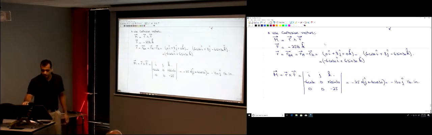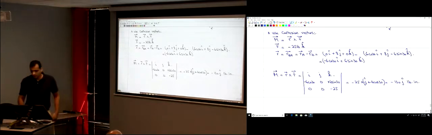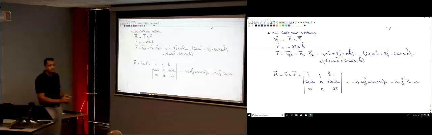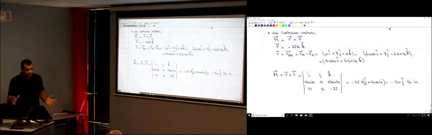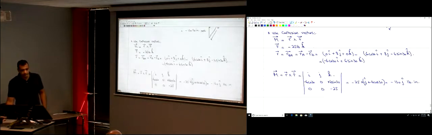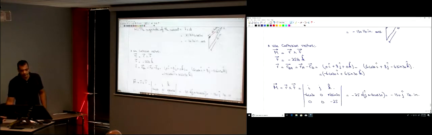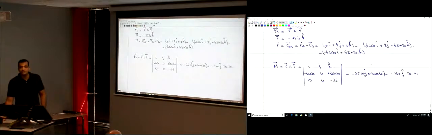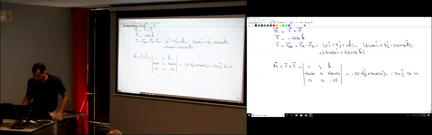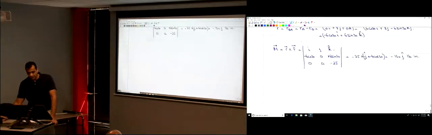Okay? Any question? So you can either use the Cartesian vector notation, okay? Or you can use the scalar quantities. You're going to end up having the same magnitude. Any question here? The same magnitude, the same direction.